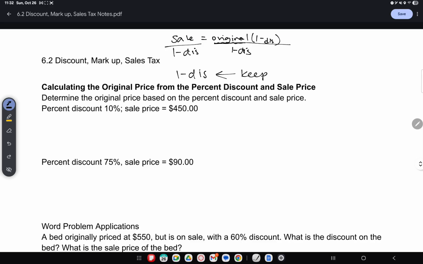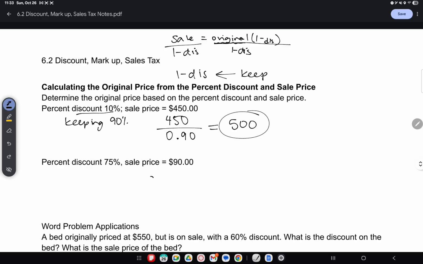So if in this first example the discount is 10%, we're keeping 90%. So we can take the sales price of $450 and divide it by how much we're keeping as that usable decimal, so 0.90. And then this will give me $500.